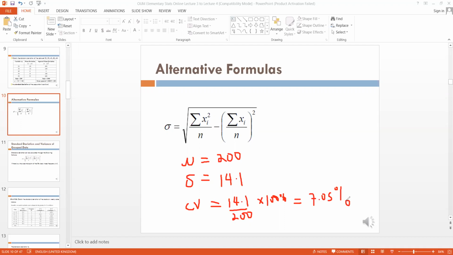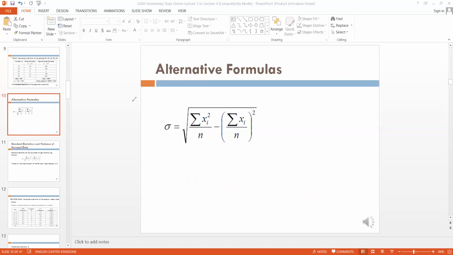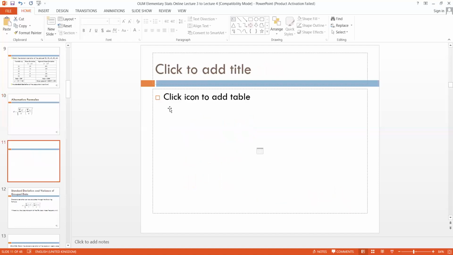Now let's look at how this measure of variation is used. Assuming I've given you two data sets.